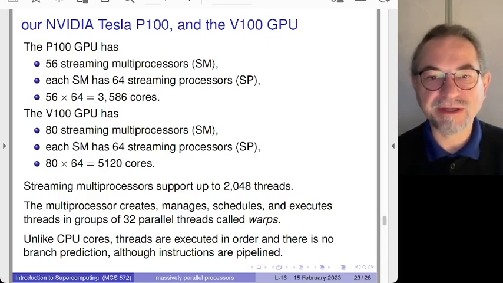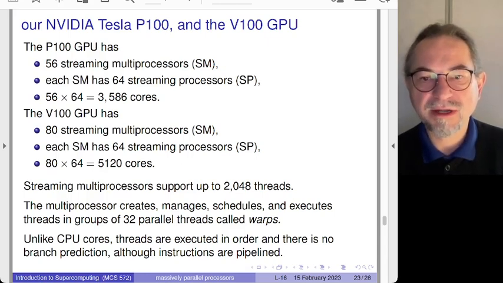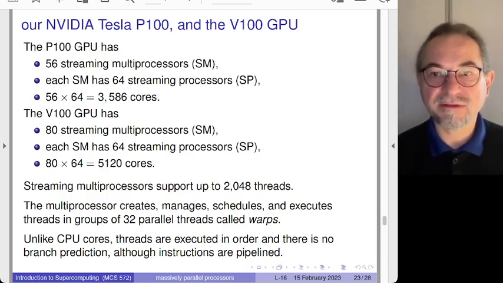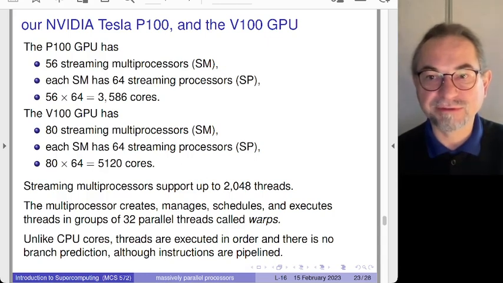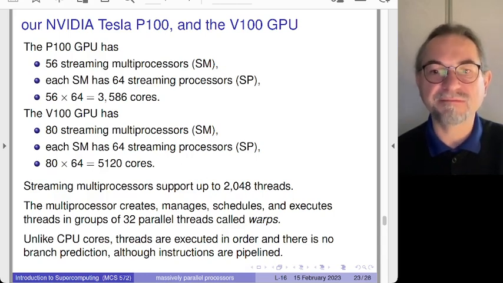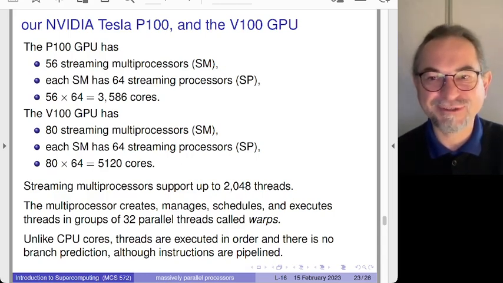So the notion that is coming here is that of a warp. There is instruction level parallelism, and one can of course have that. This is also a misunderstanding sometimes, that you cannot have if statements in GPU code.